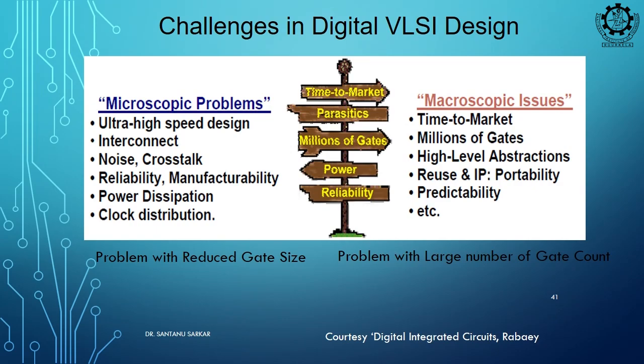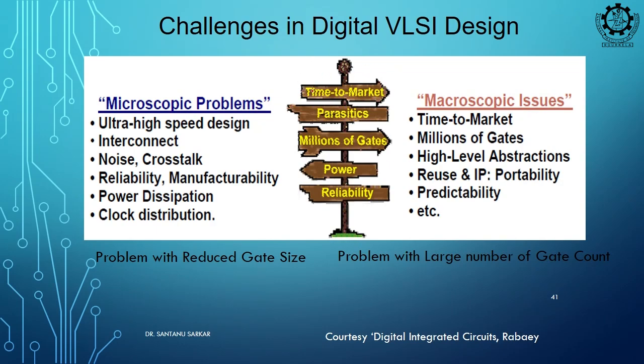A few are macroscopic, a few are microscopic. The microscopic ones are maintaining speed, interconnect, reducing the noise, crosstalk, maintaining the reliability, maintaining the power dissipation, clock distribution, all of these are challenges.